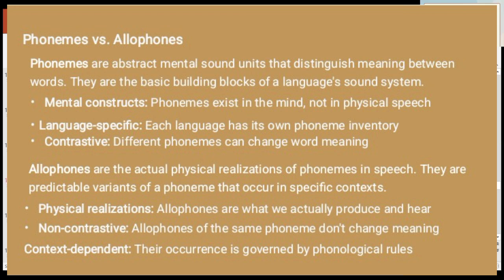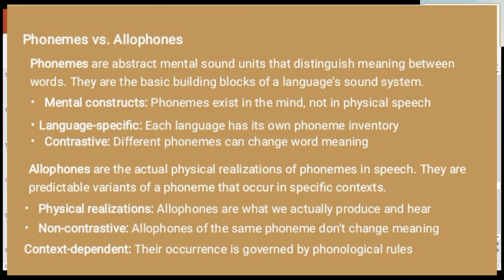So what you actually produce are the allophones, not the phonemes. Each phoneme is capable of being realized in different ways, which points to why we say phonemes are abstract, while allophones are physical. Allophones are physical realizations.